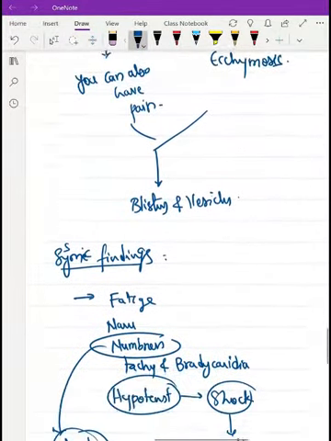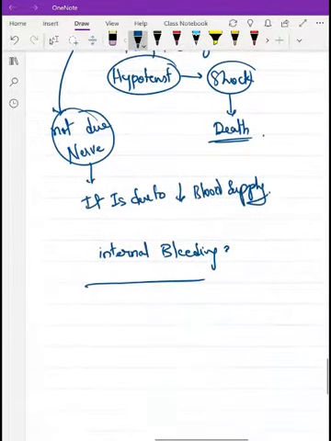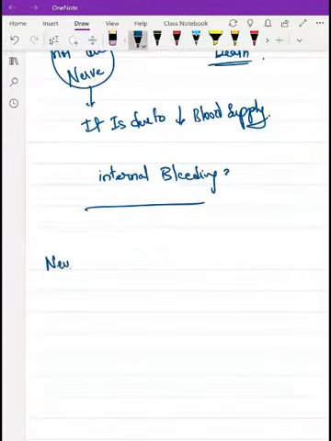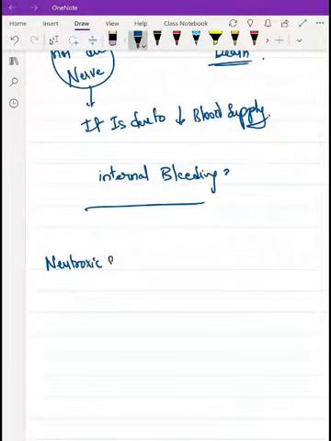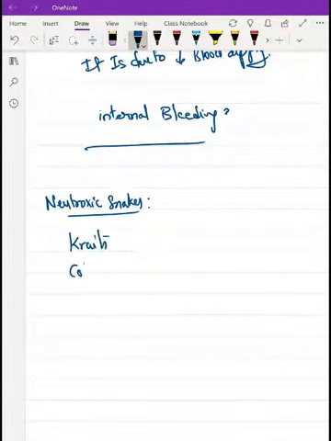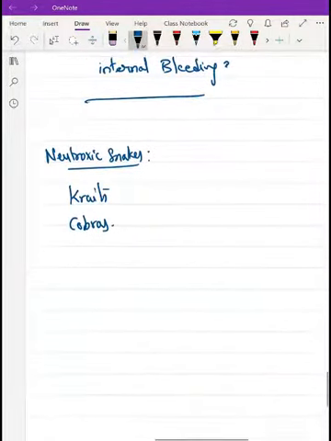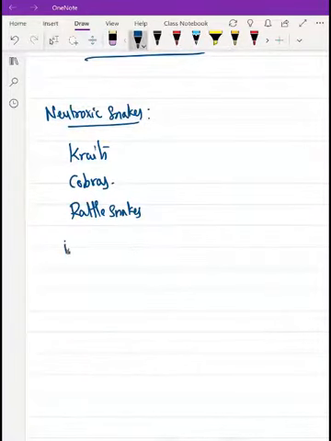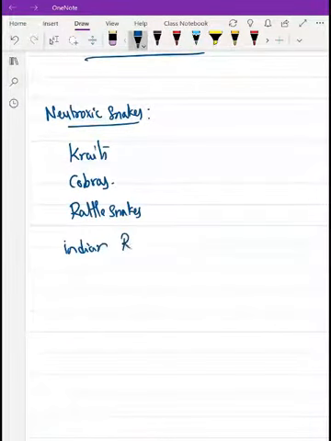Now, when the envenomation is by neurotoxic snakes, they are kraits, cobras, rattlesnakes, and Indian Russell's viper.